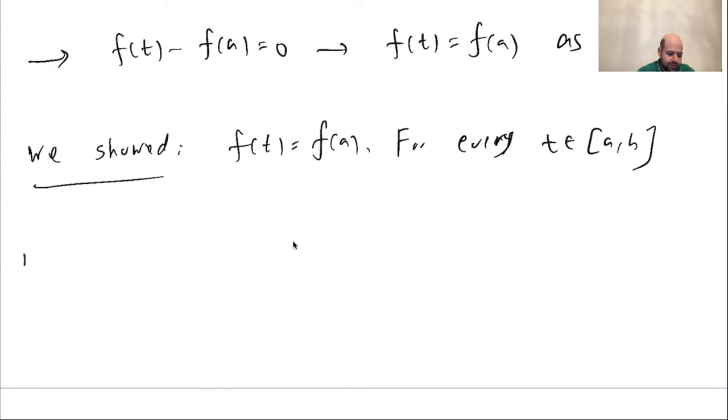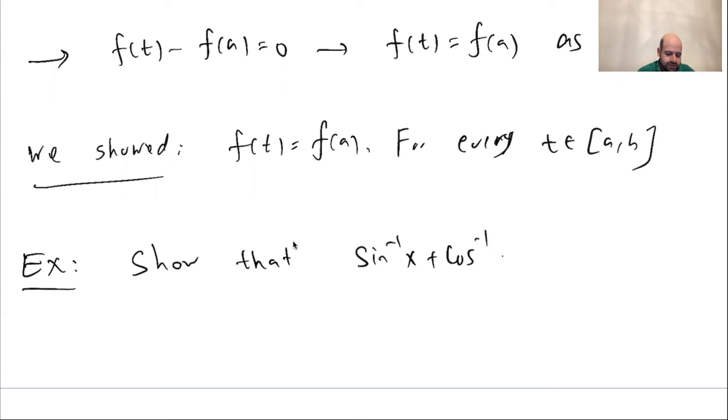So let's look at an example. Show that sine inverse X plus cos inverse X is equal to pi half for every X between -1 and 1.